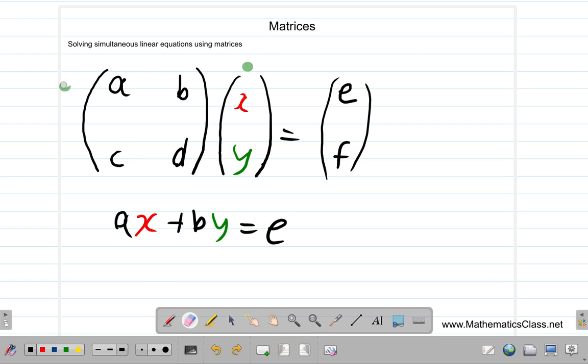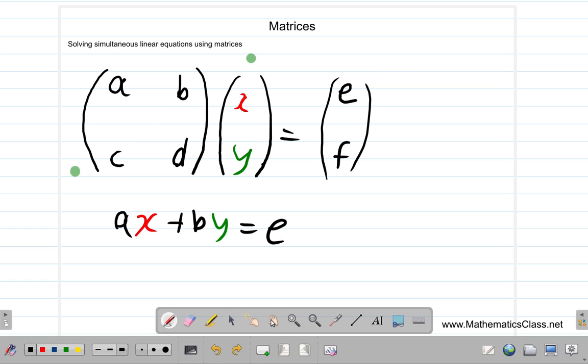Next, you're going to have row 2 times the column. You have only one column there. First in row 2, multiply by the first in the column. Second in row 2 times the second in the column. So you have Cx plus Dy. You see that?